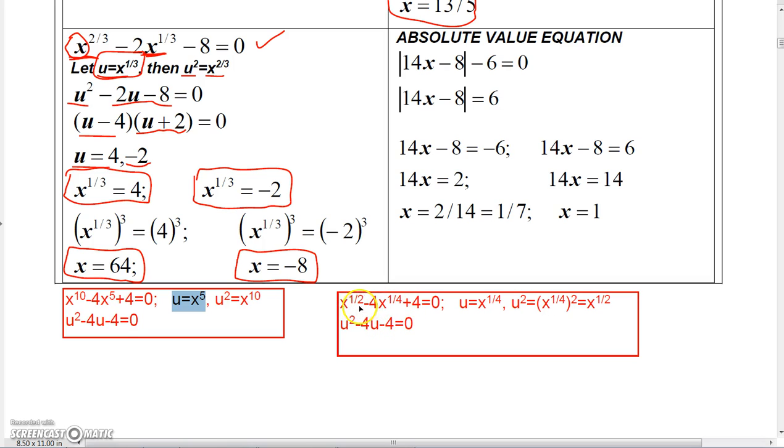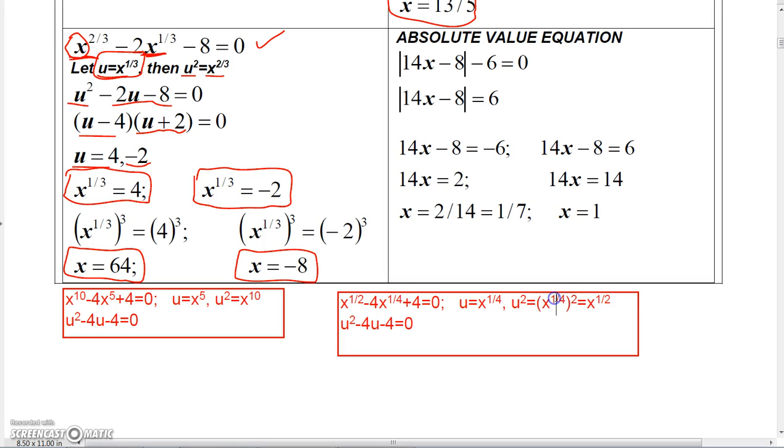Here's another example. Suppose we had x to the 1/2 minus 4x to the 1/4 plus 4 equals 0. Well, this one might not be quite as easy to see, but let me show you. If you let u equal x to the 1/4, then wouldn't u squared be x to the 1/4 squared? Well, what happens if you square x to the 1/4? Don't you get x to the 1/4 times 2?